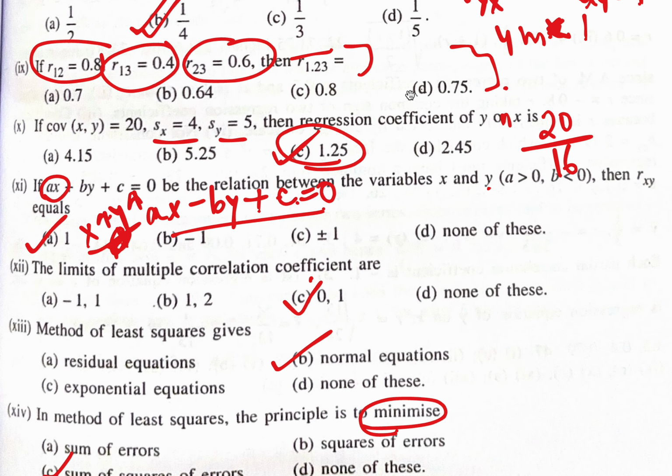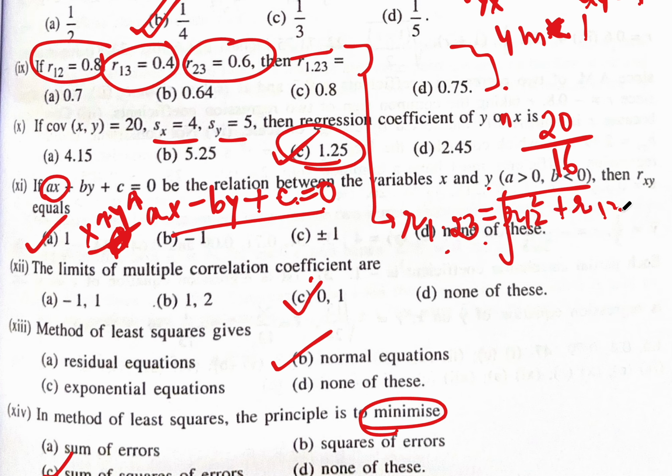The formula will be R1.23 is equal to R12 square plus R13 square minus 2R12 R13 R23 by 1 minus R23 square, which is why I was not doing this, and we're not going to do this right now.